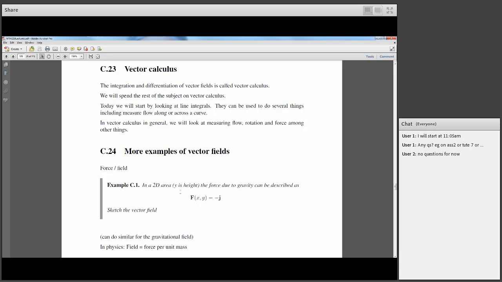And so a line integral in particular is good for looking at how things flow along a curve or across a curve. So line integrals is a bad name. They really should be called curve integrals. But we're stuck with the name for tradition's sake. You can look at how things rotate in a fluid, how forces apply, etc. So you can do lots of different things with them.